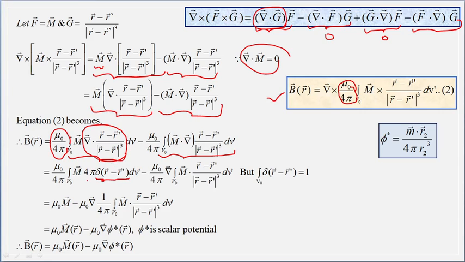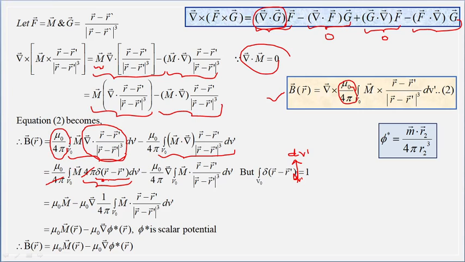So this 4 pi delta R minus R dash is nothing but del dot R minus R dash divided by R minus R dash cubed. We proved this in electrostatics in one of the chapters. That delta is called a Dirac delta function. Then this 4 pi cancels. Then the integral of the Dirac delta function, with dV dash there, although it is not typed, is equal to 1.